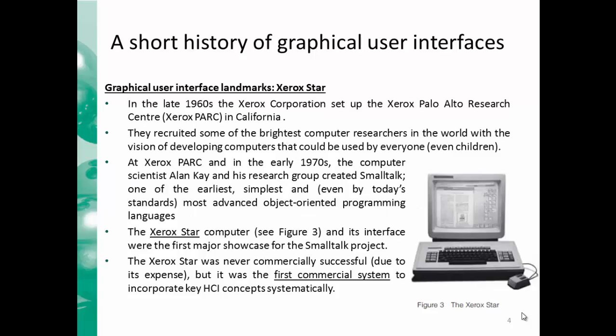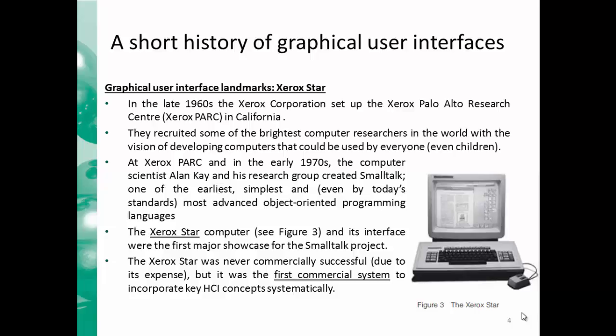Then the Xerox Star, which is a very, very important development in HCI history. The scientist Alan Kay and his research group created Smalltalk, which is the first object-oriented programming language.